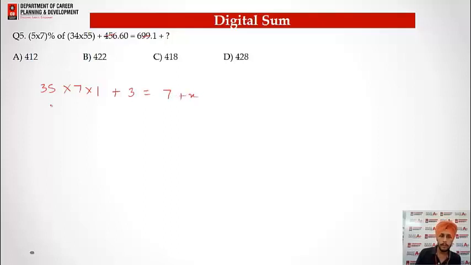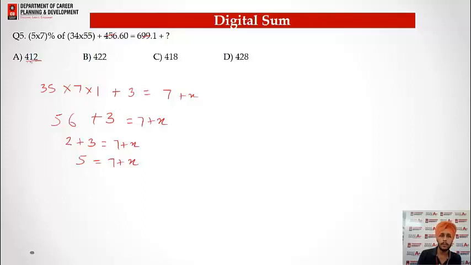So 5 plus 3, that is 8. 8 into 7 is 56 plus 3 is equal to 7 plus x. So 5 plus 6 is 11, that is 2 plus 3, is equal to 7 plus x, or 5 is equal to 7 plus x.